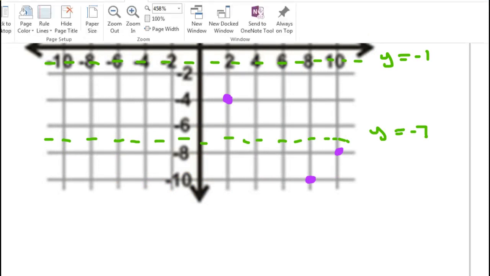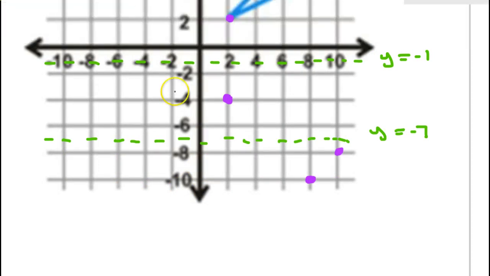Okay, so I'm going to change colors so you can tell the difference. So I need to reflect each one of these 3 points over this horizontal line. So this first point is 1.5 squares above the line. So I need to go 1.5 squares below the line, and this will be the final answer.